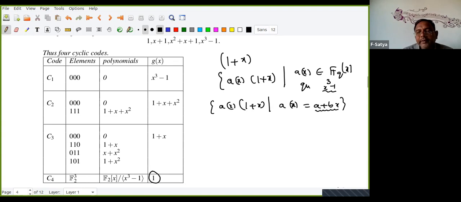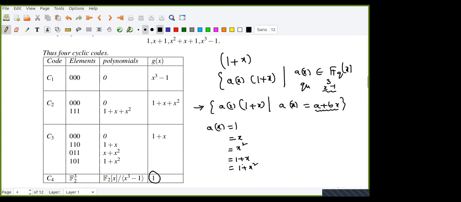Now, a plus bx. What are the choices for a(x)? In my case, a(x) can be 1, a(x) can be x, a(x) can be x square, right? a(x) can be 1 plus x, 1 plus x square. Are there any other polynomials?